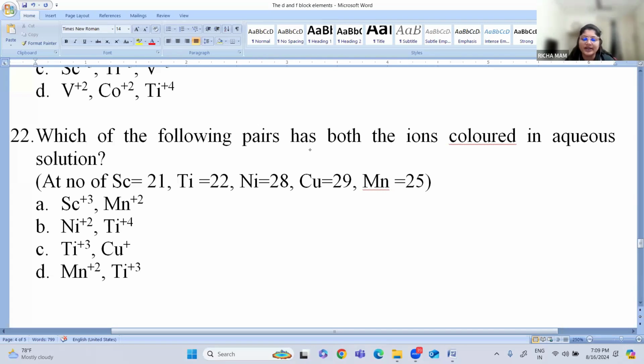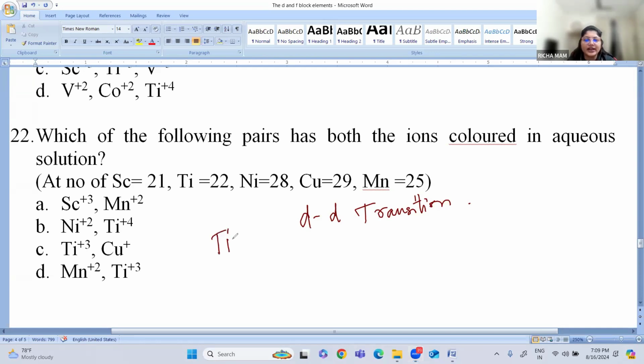For the ions to be colored, what is the necessary condition? It should undergo d-d transition. If there is no d-d transition, or if there are 0 electrons, then it becomes colorless. So at least any electron should be present. Now here, what is the answer?